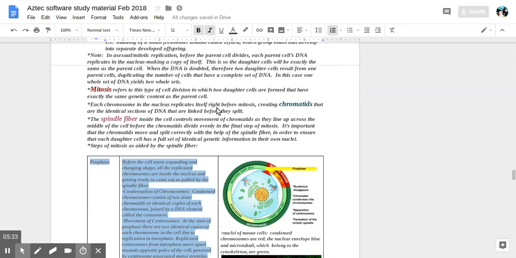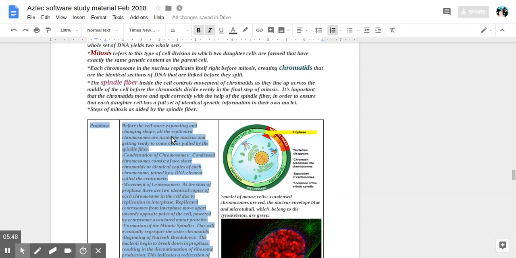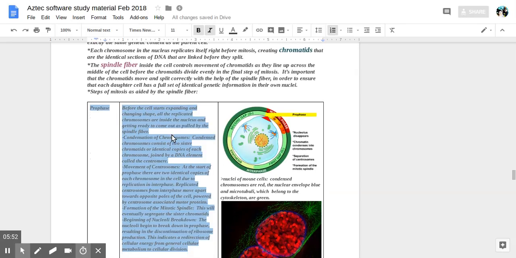So one whole set of DNA yields two whole sets after division. So this is mitosis. And each chromosome in the nucleus replicates itself right before mitosis, creating chromatids that are the identical sections of DNA linked before they split.